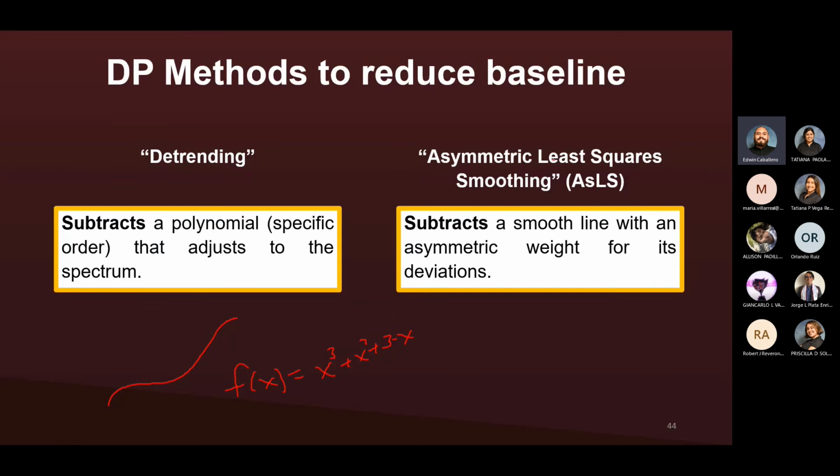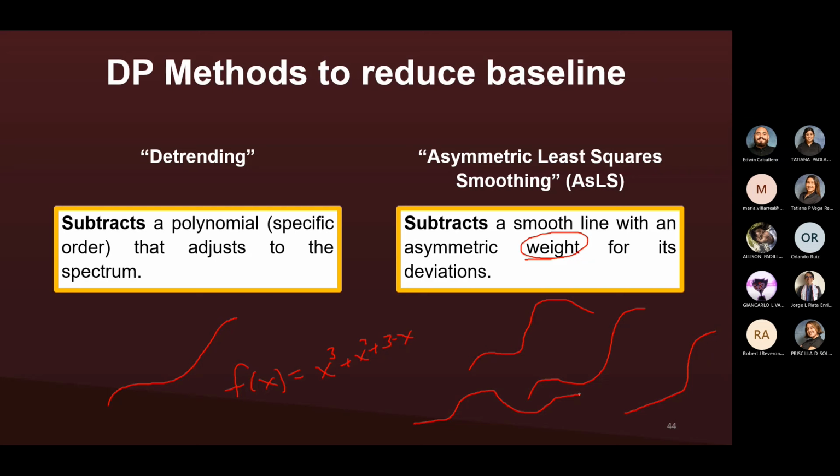Now, with asymmetric least squares smoothing, you will create a polynomial as well. However, you will have weights that allow you to customize the curve even more. You can make the first part really flat and then go up, or you can go with an upward part, then a downward part, and an upward part again. You can do a lot more with asymmetric least squares smoothing since you have more variables to choose from.